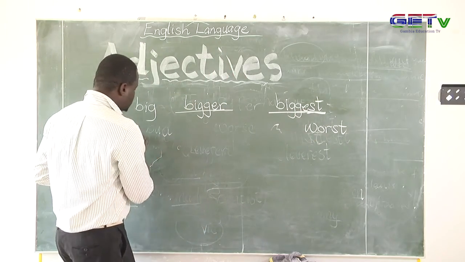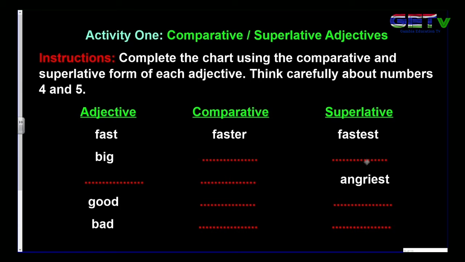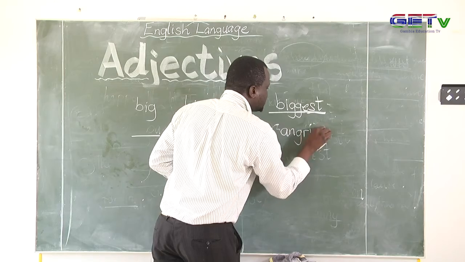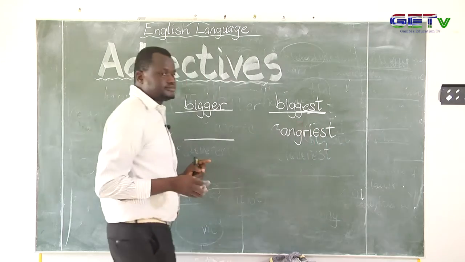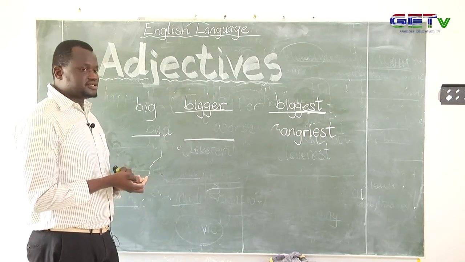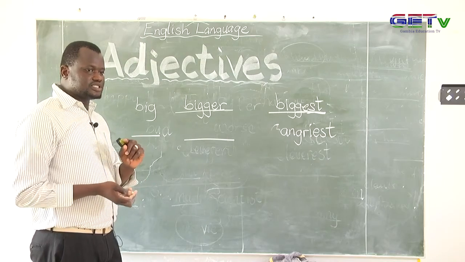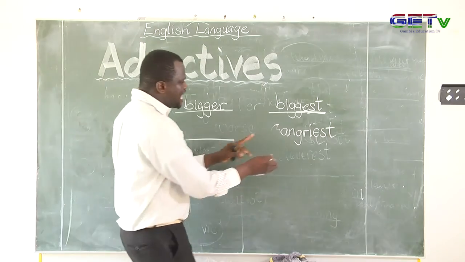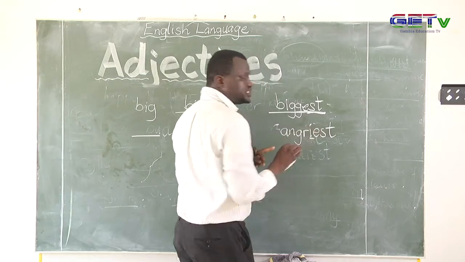And now the next one, the adjective is not given, the comparative is not given, but the superlative is angriest. So that tells us that because we have seen the I, and I told you which letter we change.